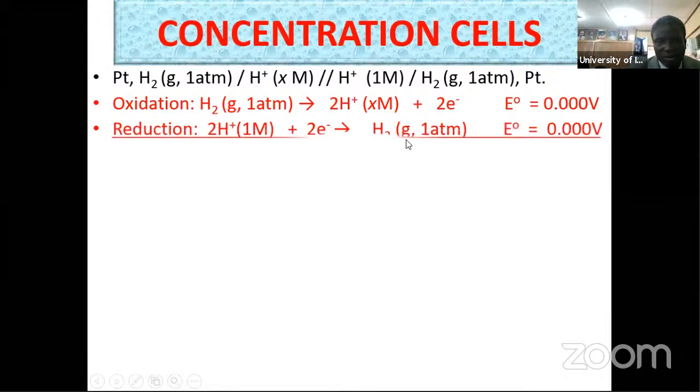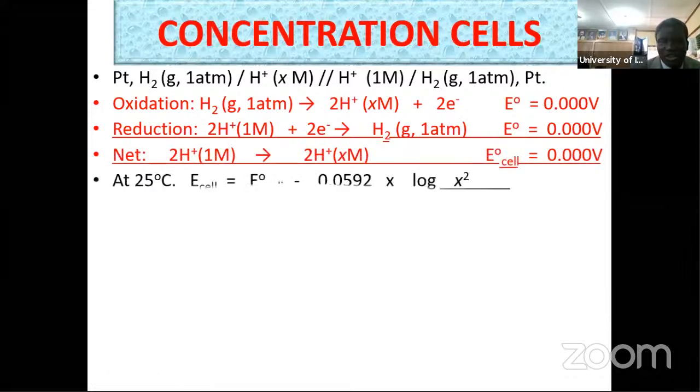Then the reduction, you have the same thing. If you turn this the other way around, oxidation, that will still be 0. Minus 0 is still 0. So for the net equation, the E naught cell, you add the 0 and 0 here, it will still be the same thing. So you just go to your next equation.